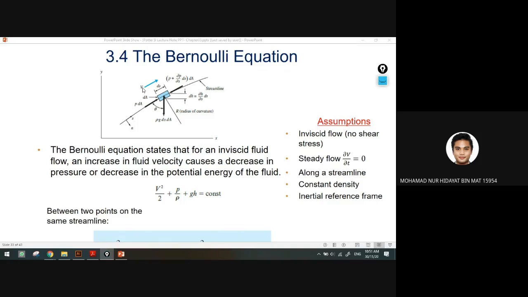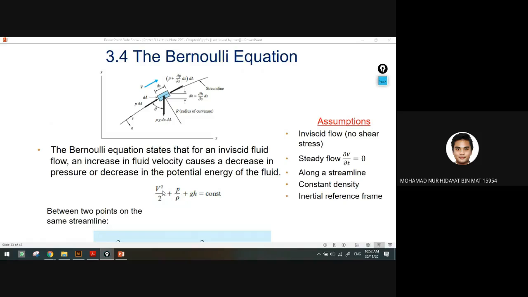The flow is in this direction, tangential to the flow field. This is the velocity vector, and this is ds, the change in distance. This is the radius of curvature, and this is dh, and finally they do the mathematical derivation.